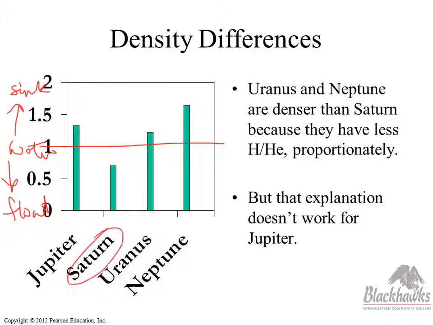So if you had a big enough bathtub of water, Saturn would just float. Isn't that wonderful? Okay, so Jupiter is more dense than Saturn. We kind of have to address that a little bit. We think that Uranus and Neptune are more dense just because, remember, they have those hydrogen-containing compounds, which are going to be more dense than hydrogen and helium.